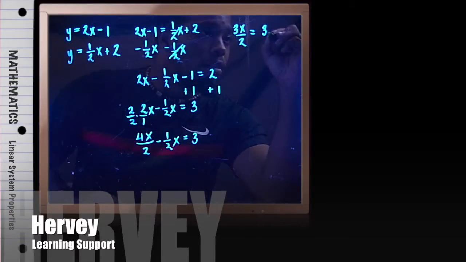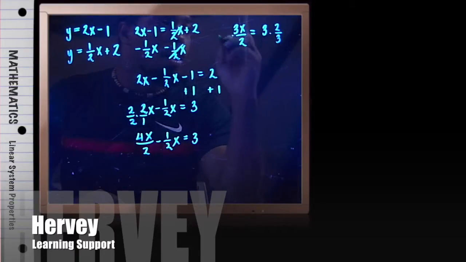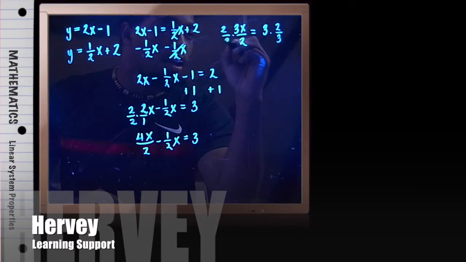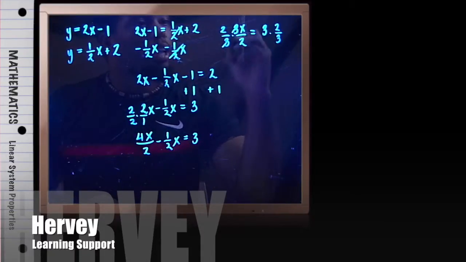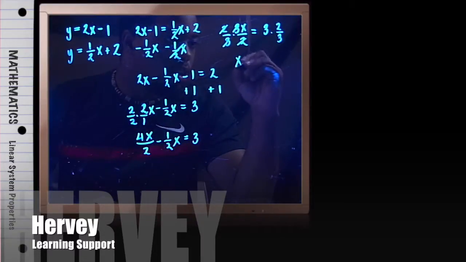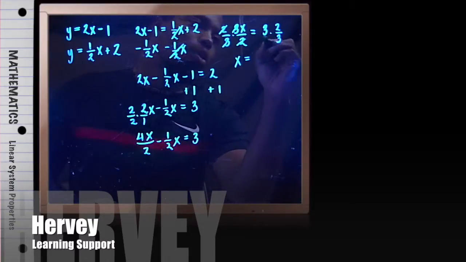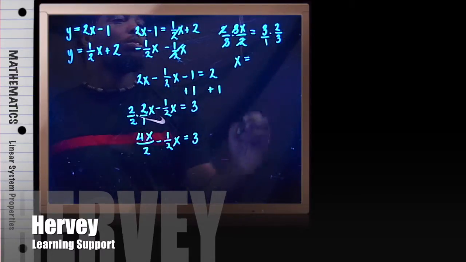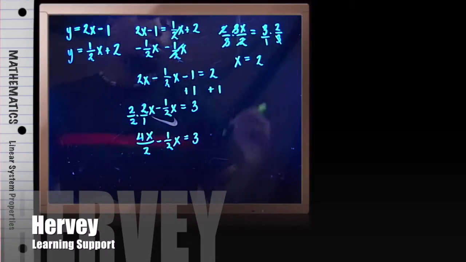I'm going to multiply both sides by 2 over 3. And the reason I do that is because this 3 will cancel out with this 3, and this 2 will cancel out with this 2, leaving the x by itself. And then I will have my solution over here. If you notice, I have a 3 over 1 times a 2 over 3, and these 3's will also cancel out. And I'm left with x is equal to 2.